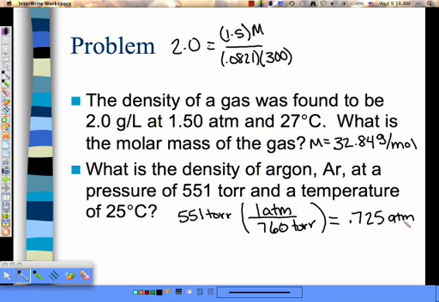Because remember, since we're using R, we have to be in ATM. That's why we have to switch that first. Do we have to write it like that, or can we just put 550 over 760? If you know you're going to divide, but this just shows you why you're going to divide.